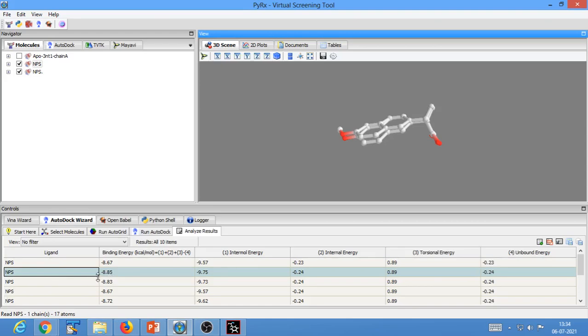So what do these results say? That this particular second pose, which has the best binding free energy, is very similar to your experimental pose.